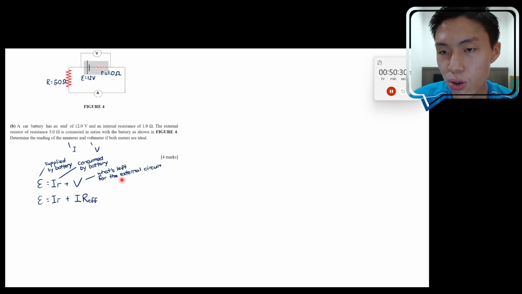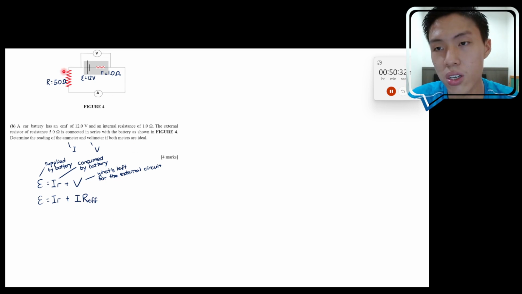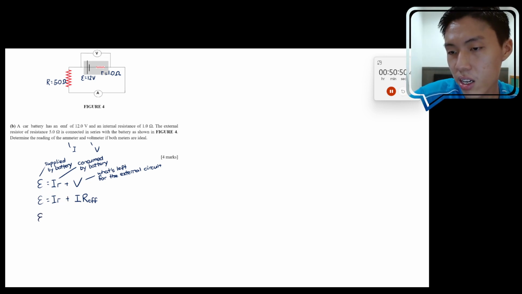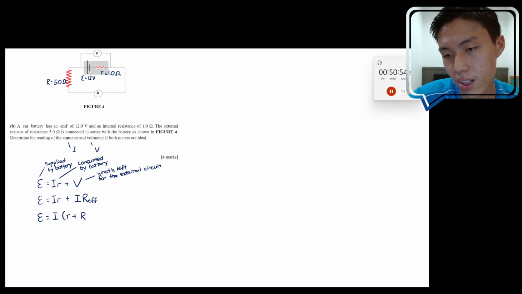Okay, so I believe for this situation here, you have your R, you have your big R, small r, there's only one resistor outside, so R effective over here is just this R over here. You have also this EMF here, so what's left is just a current. Okay, so I think that's the reading of the ammeter, right? Okay, let's factorize all the current, so this will be r plus R effective.